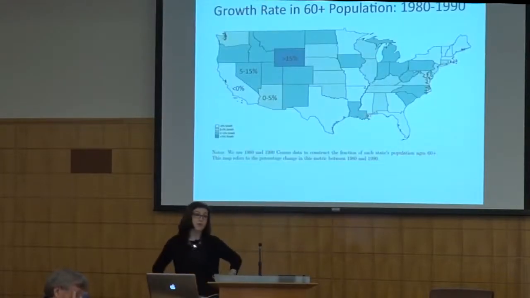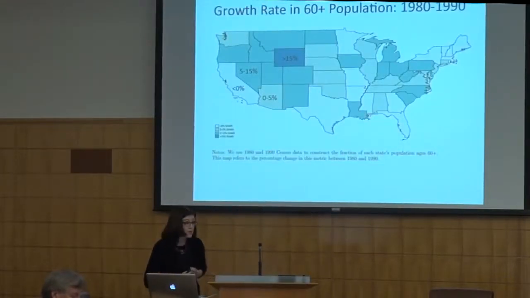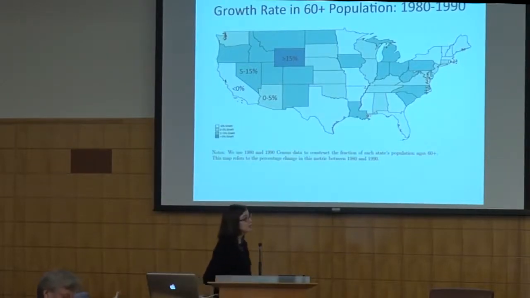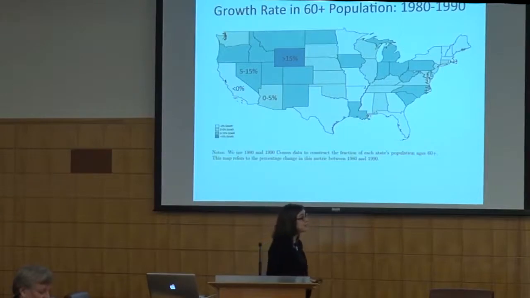So just to give you a flavor for the variation in aging across US states. Here we're looking at the decadal change from 1980 to 1990, and this map is color-coded by the degree to which the state population is aging.